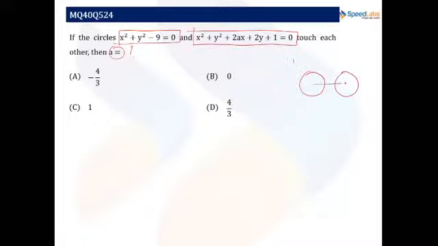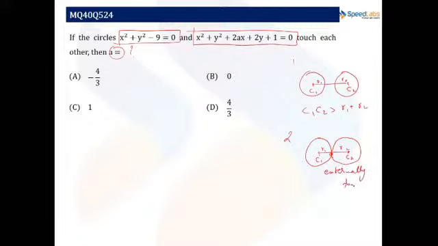In this case, the distance between the centers C1, C2 is greater than R1 plus R2. Secondly, when they both will touch each other externally, in this case, C1, C2 is equals to R1 plus R2.